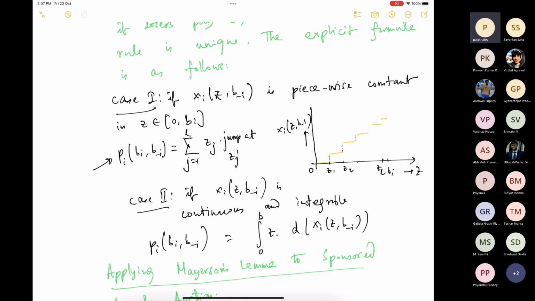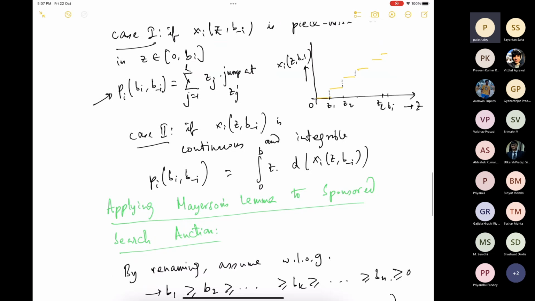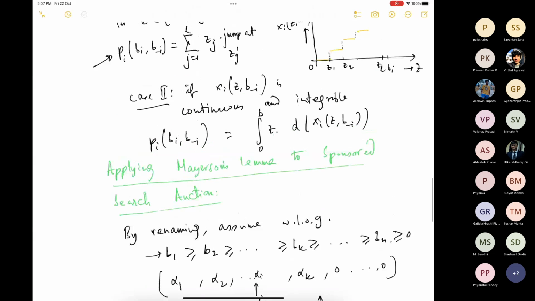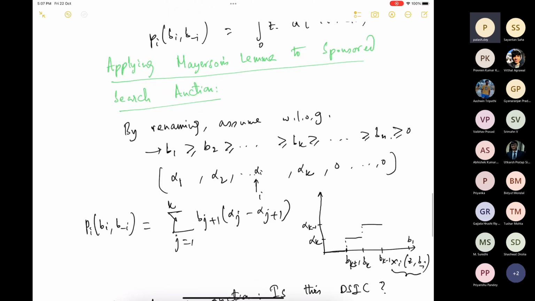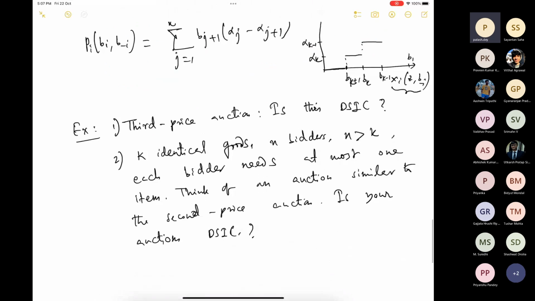You look at all the jumps and you multiply the place of jump times the amount of jump, and you extend this same concept to continuous and integrable functions xi, and there you integrate it over the interval 0 to bi. Then we applied this Myerson's lemma to the sponsored search auction and got this payment.